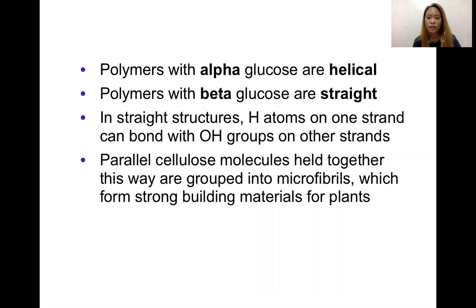Your glycogen is found in animal cells, and its function is also storage of extra food. Your cellulose molecules, which are made up of beta 1, 4 linkages, form straight sheets. They are found in the cell wall, and their function is not for storage. They are more for forming structures.